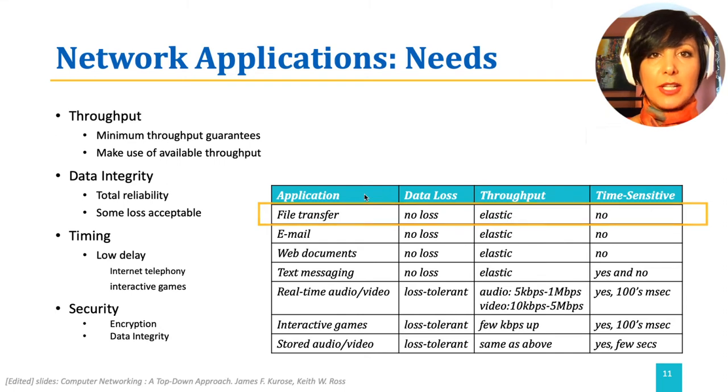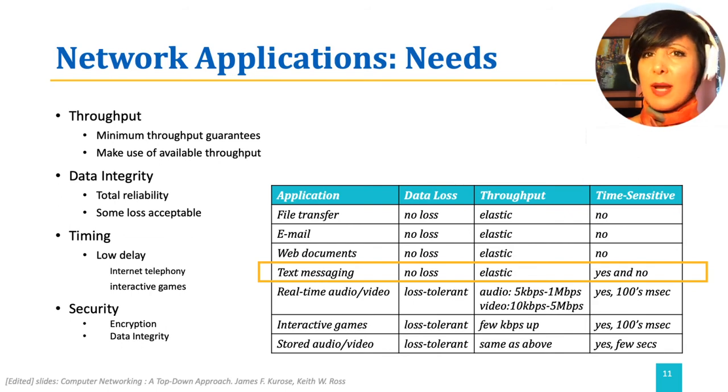Email and web documents have similar requirements to file transfer, as complete and unaltered data is their most stringent requirement. Text messaging is also similar in throughput and data loss aspects, but it is a little bit more time sensitive for the usage purpose and interactive aspects involved.